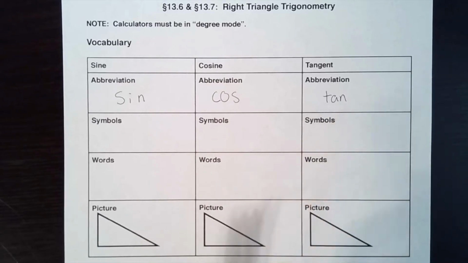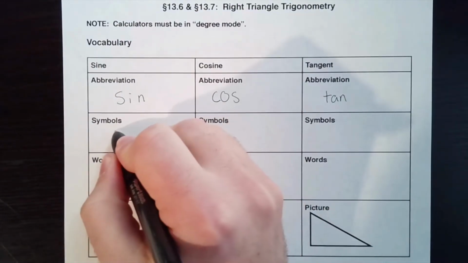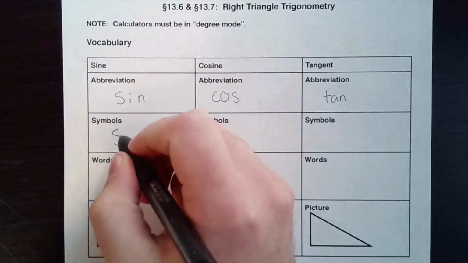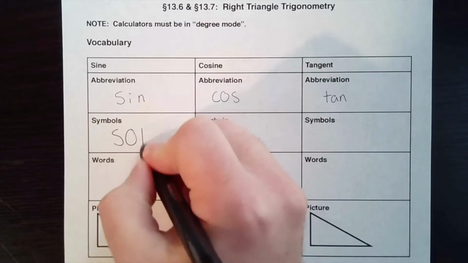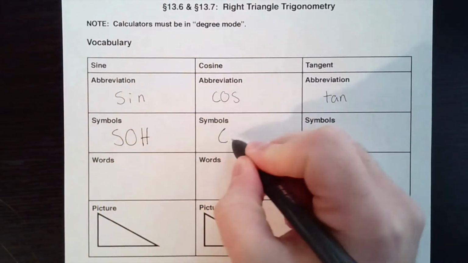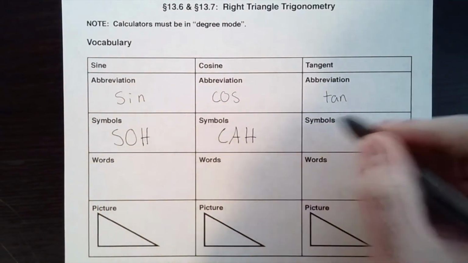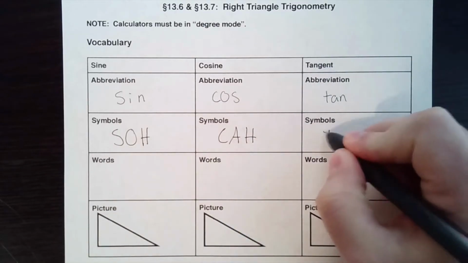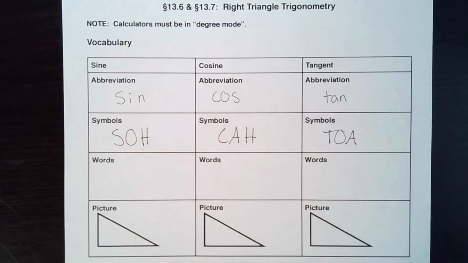As far as symbols, there is a word that's associated, and I would put word in quotation marks. It's not quite a word, but it's a phrase that we use to remember sine, cosine, and tangent. Those are going to be S-O-H, C-A-H, and T-O-A.